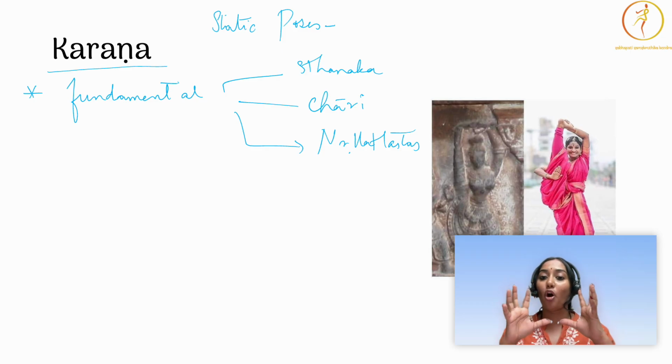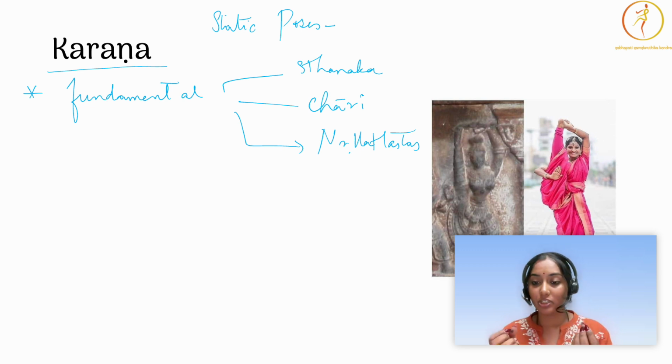When we have a combination of the sthanakas with the charis, what are charis? Charis are leg movements, 32 in number. There are Bhumicharis and Akashacharis. The Bhumicharis are Samapada, Sthitavarta, Shakatasya. You can just find this on YouTube or Instagram. There are many good dancers who have done it. I am not the right person to demonstrate.